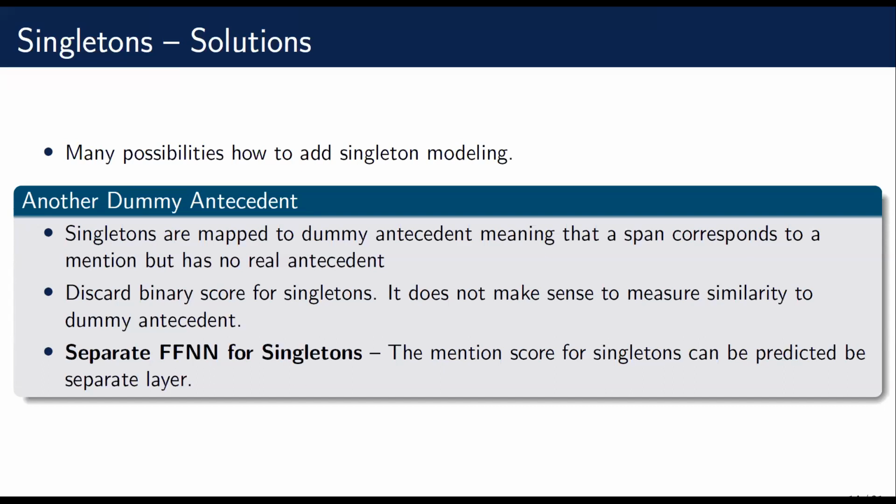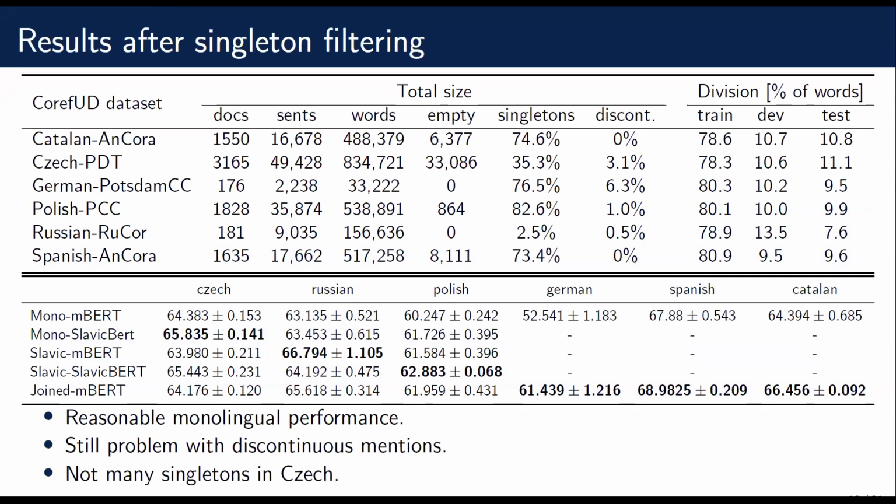We still wanted to keep the end-to-end approach, just modify it a little so it notices the singletons and learns from them, because you see in the previous slide that for example for Catalan, German or Polish, you have a lot of singletons. This is 82% of mentions for Polish.